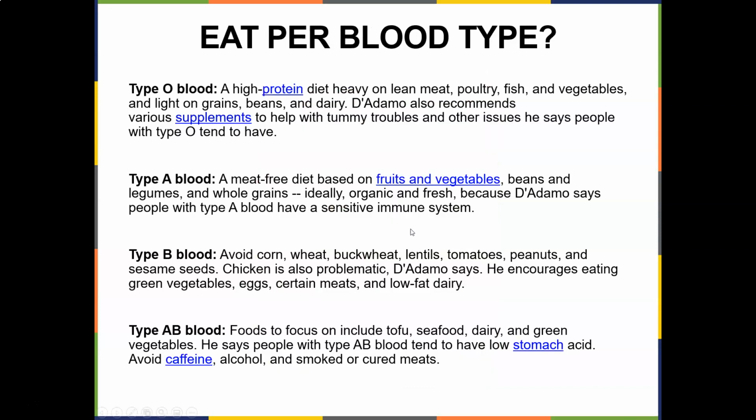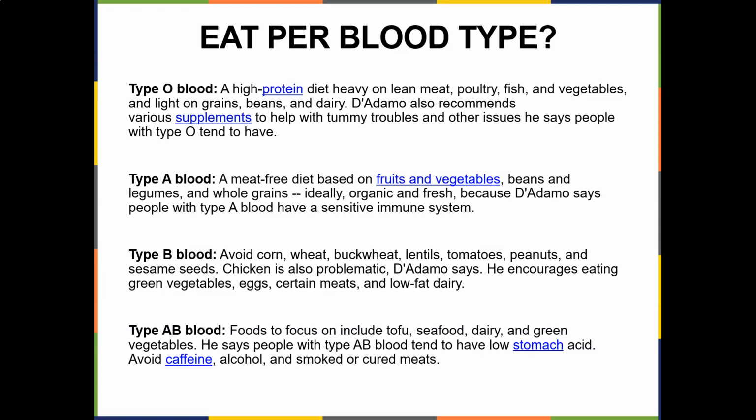Now, have you heard of Eat Right for Your Blood Type? This is one of the books that I have read. Basically, it says that our blood type is based on where our ancestors grew up. So there are certain foods that are better for individuals based on ancestors. If you're type O blood, they say that you should have a high protein diet of lean meat, poultry, fish, and veggies, light on grains, beans, and dairy.